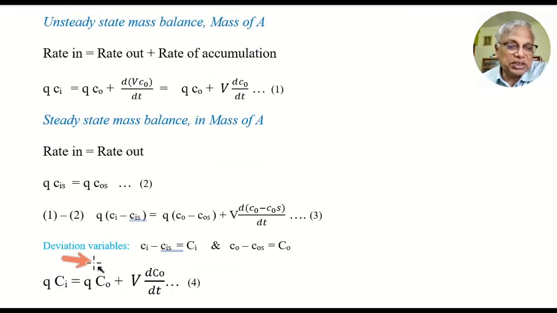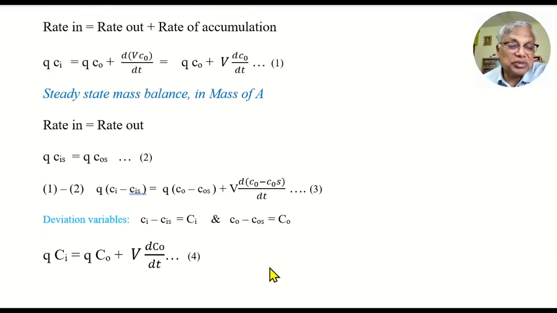Now introduce deviation variables. The difference between the unsteady state variable and the steady state variable is denoted by capital letters. Capital Ci is the deviation variable of the inlet concentration, and similarly capital C0 for the outlet.